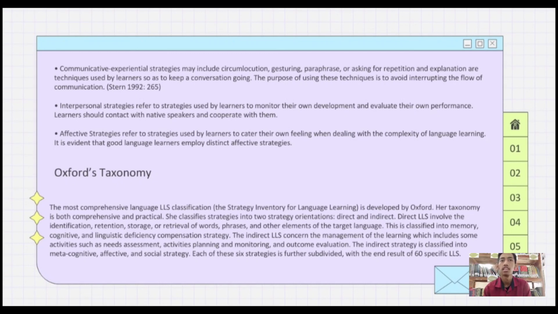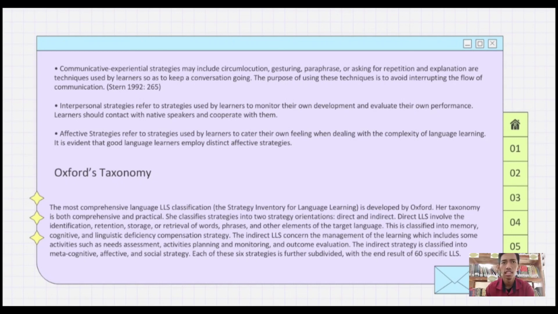The indirect LLS concern the management of the learning, which includes activities such as needs assessment, activities planning and monitoring, and outcome evaluation. The indirect strategy is classified into metacognitive, affective, and social strategies.